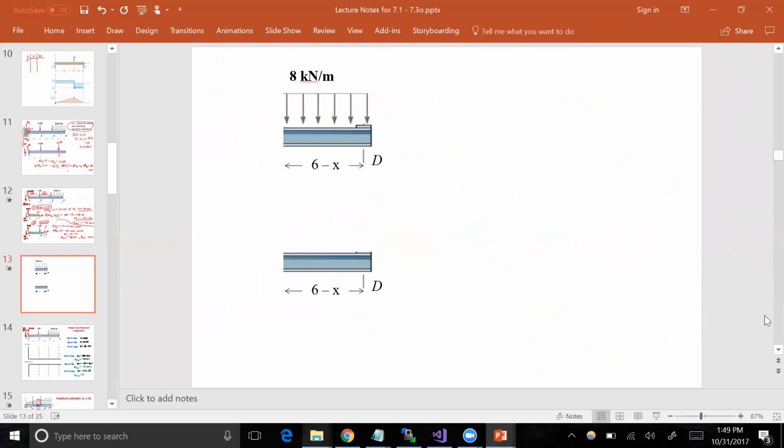If you do the analysis on the right side of that section, you cut this thing, we still have a shear, but now the bending moment's going clockwise, and the shear is going up. And this is region 3, where x is going between 4 and 6.